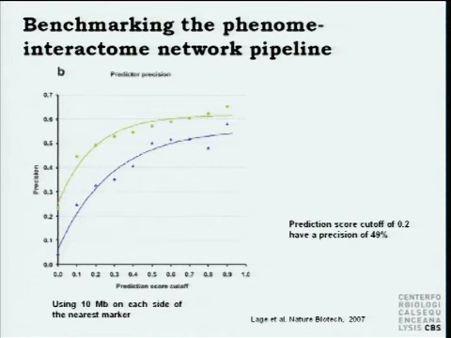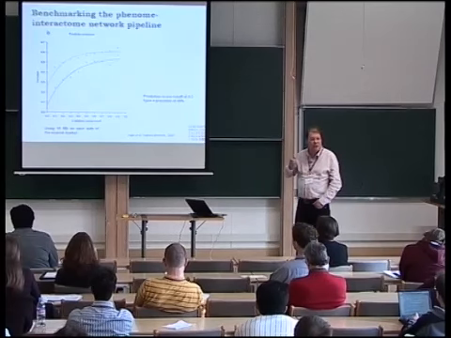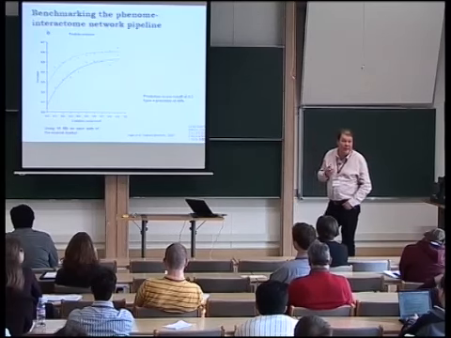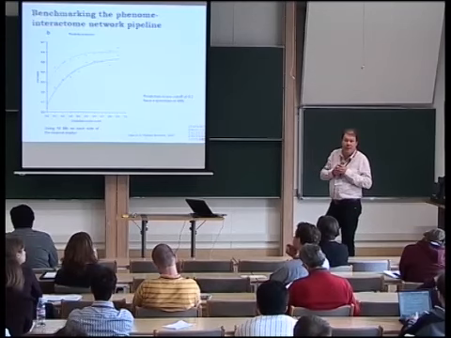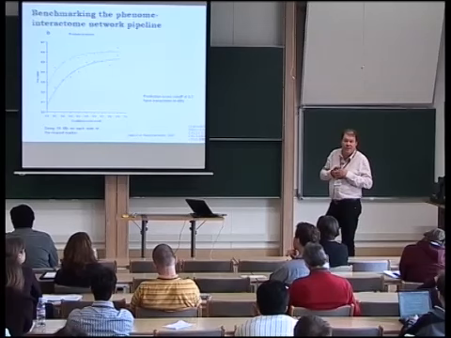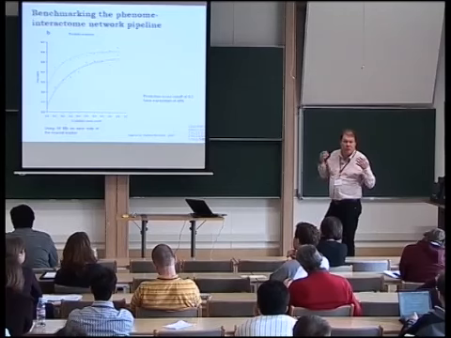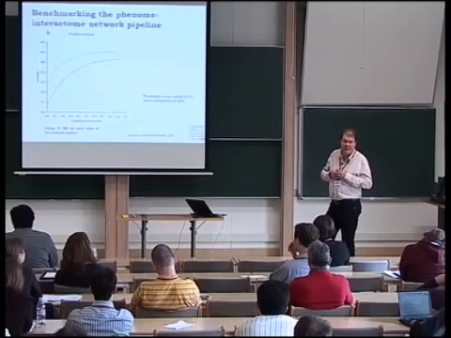And if you, for example, use a cutoff of 0.2, we will have a precision of 50%. So in the cases where we make predictions, half of them will be correct. In half the cases, we will, in these linkage intervals, be able to give the highest priority to the correct gene using the interaction data in the databases.